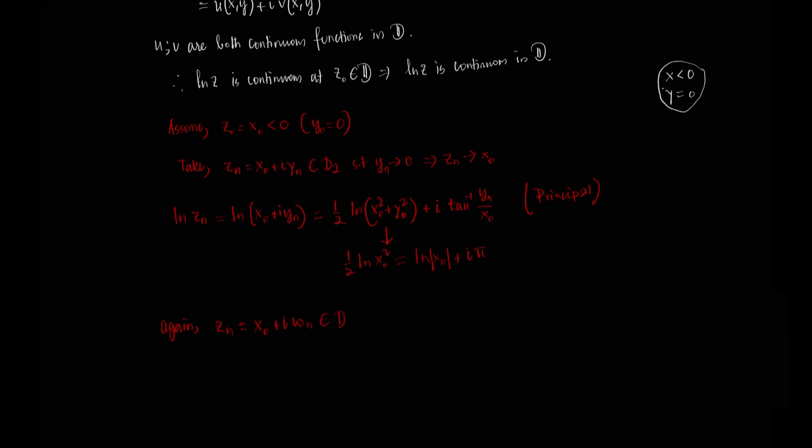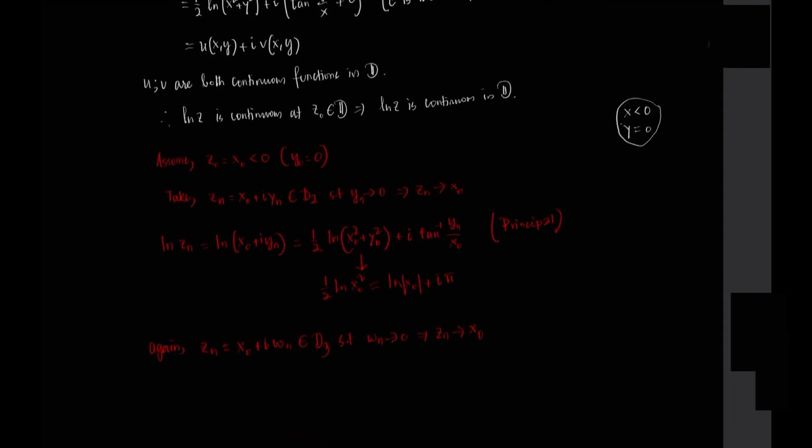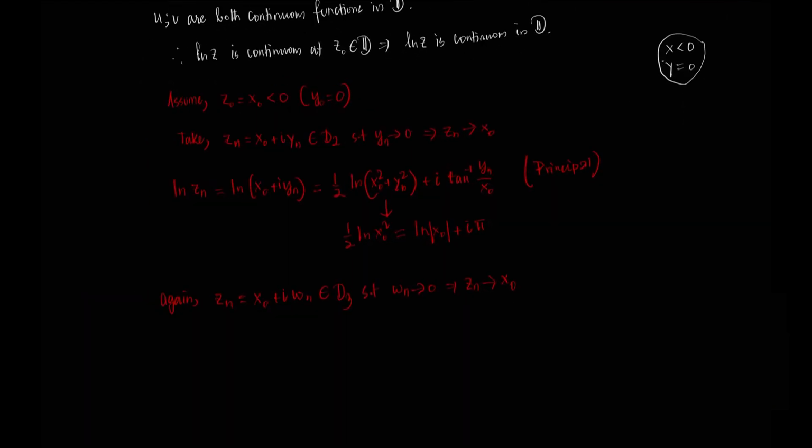This is in D3, such that Wn goes to 0. That will imply that Zn again goes to x naught. So what am I doing here? Now I am going in this direction. In this direction, the argument of all these Zn's is going to be minus pi. If you remember, we are taking it from that particular direction.